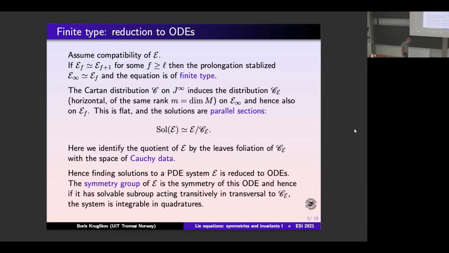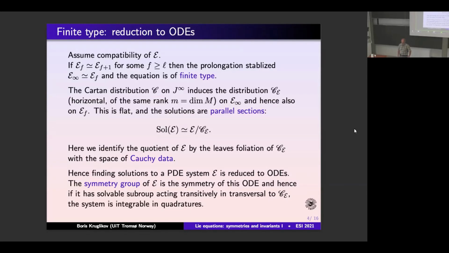It's known that basically you get reduced to integration of a Frobenius distribution. It doesn't mean that you completely solve the problem. However, if you have some symmetry group behind it, this is inherited, and this can help you solve the ODE. For example, if this group is solvable, acting transitively on this distribution, then this can be integrated in quadratures.